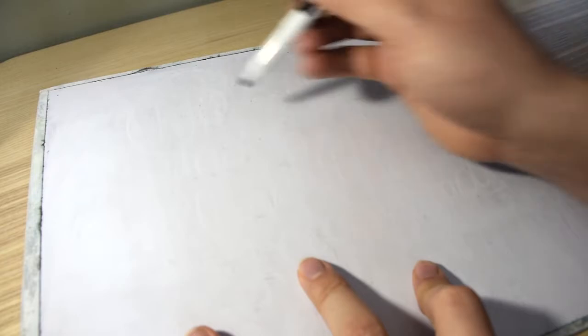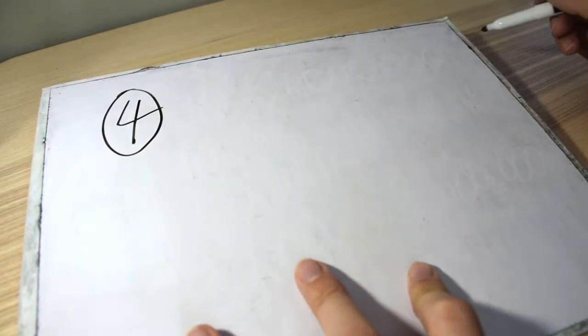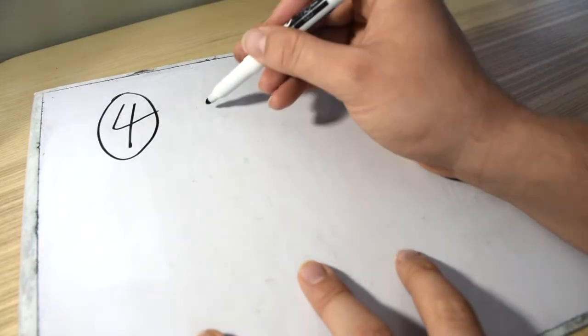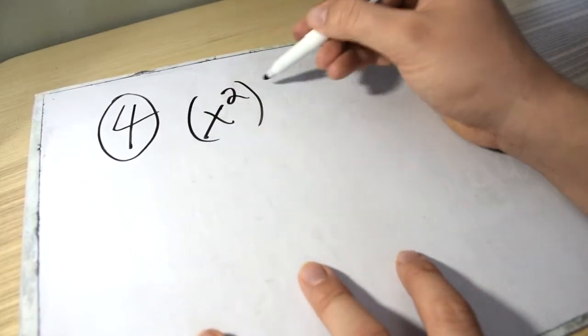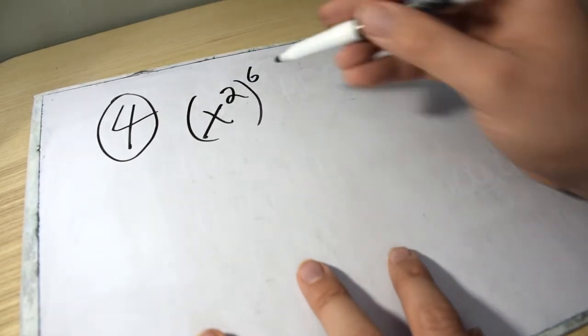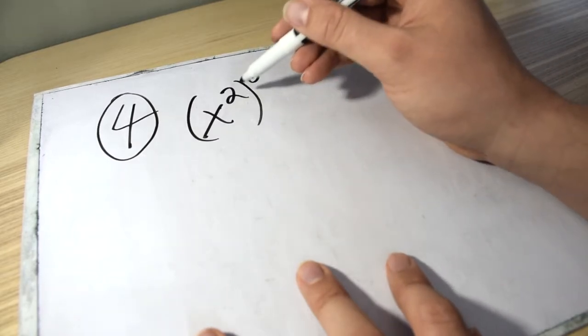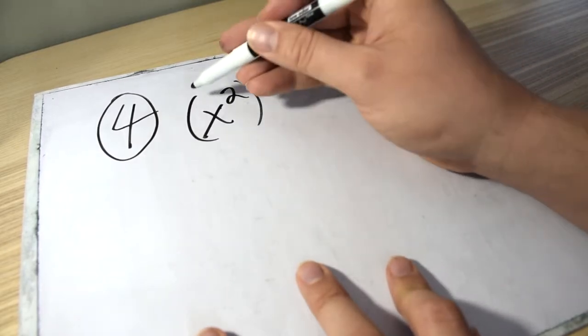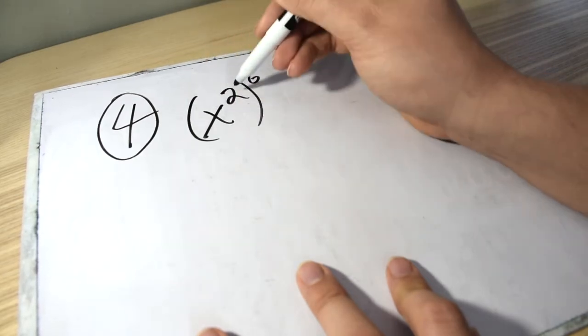And in question 4, I gave you, so I guess I'll write 4 over here, just so you know where we're at. I probably should have been doing that the whole time. X squared times, or to the 6th, well, that looks very familiar, what I just did in the previous problem. And the rule is, when you've got something inside a bracket to a power, that bracket means these multiply.